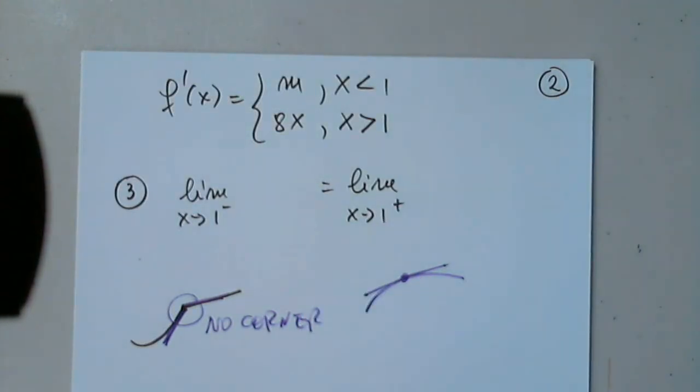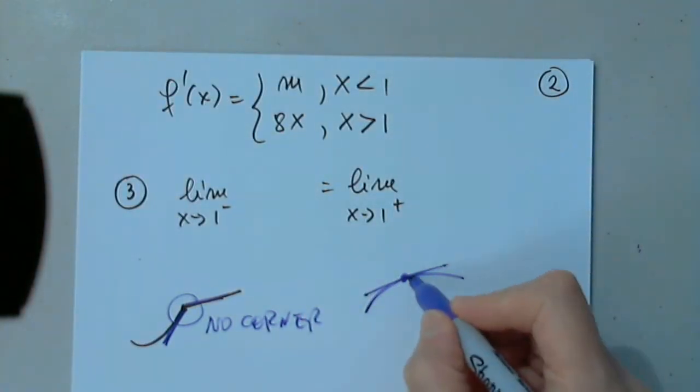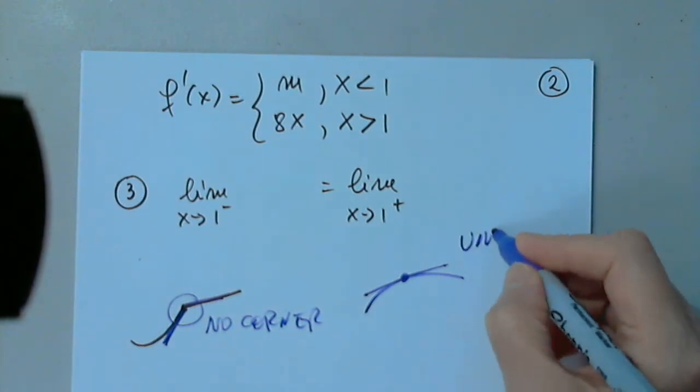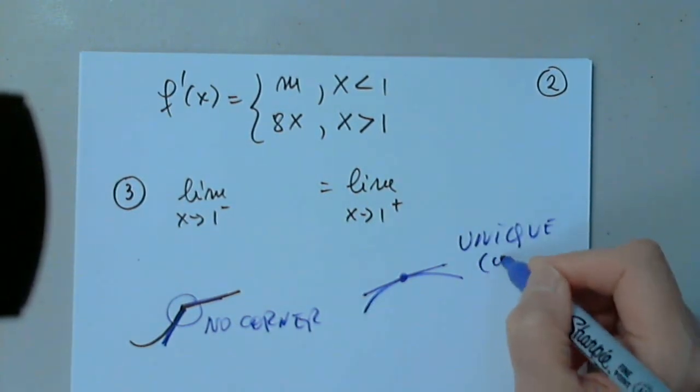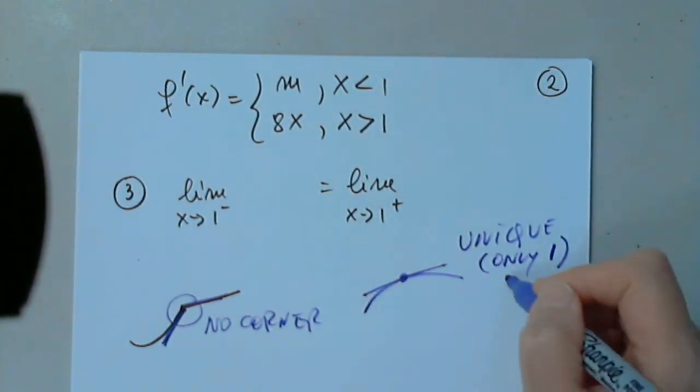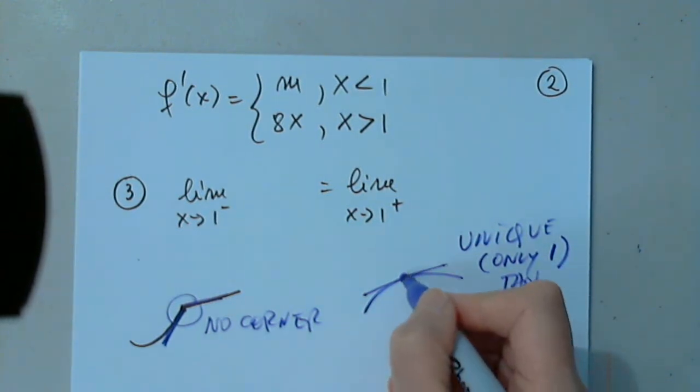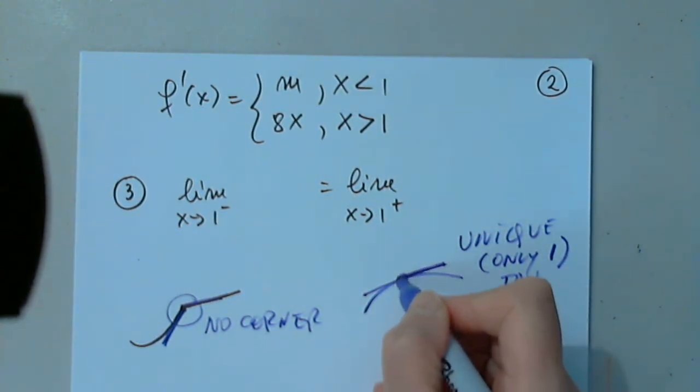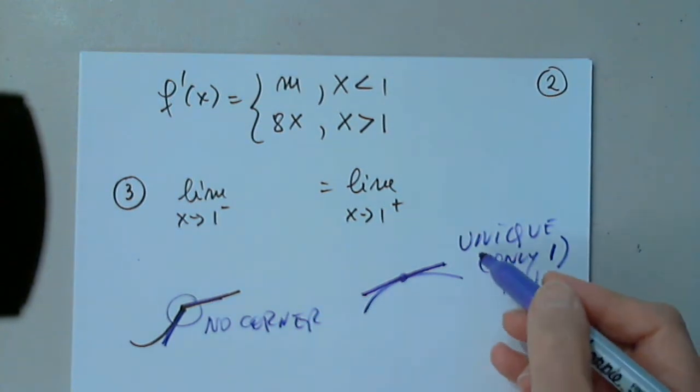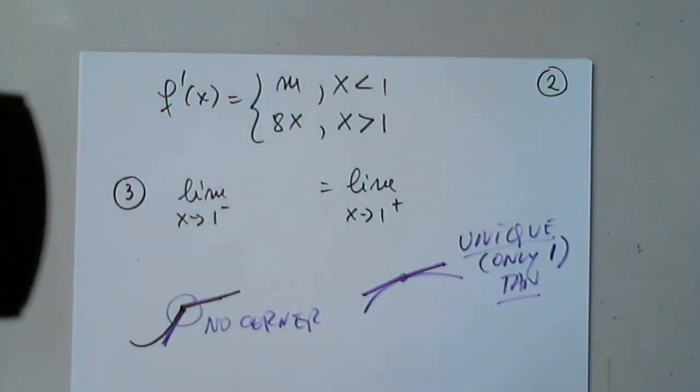But now the last condition I have to come up with is unique. In other words, only one tangent. In other words, the slope on this side has to equal the slope on this side. In other words, one tangent, not two tangents.